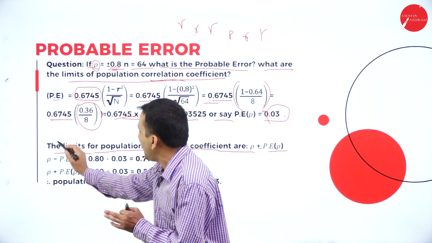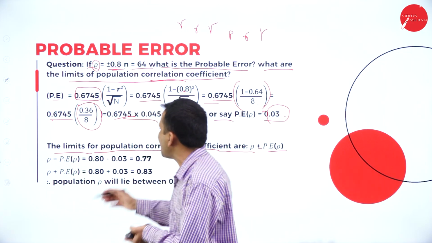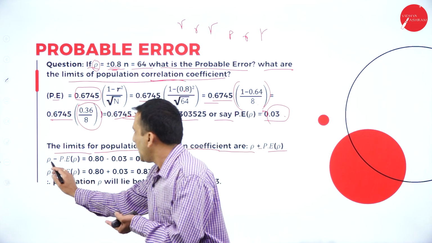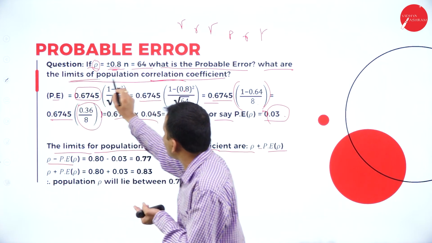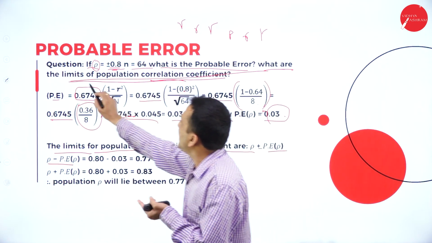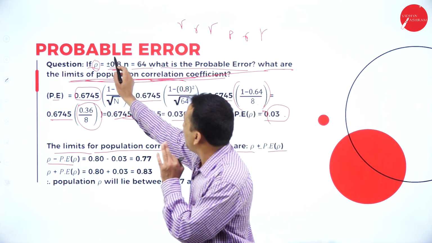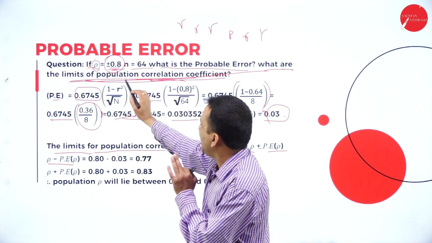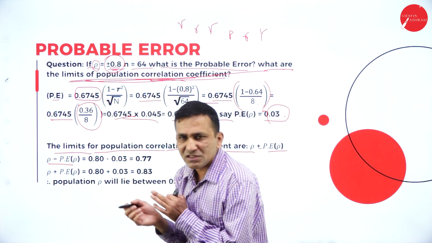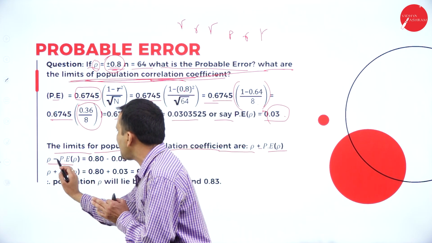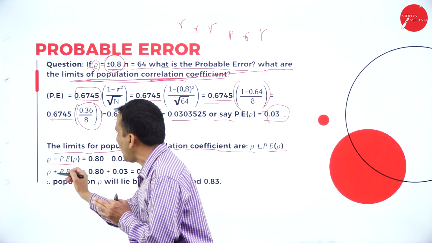From the correlation, we need to subtract the error, because the question asks what the limits of the population correlation coefficient are. The correlation value given in the question is 0.80.